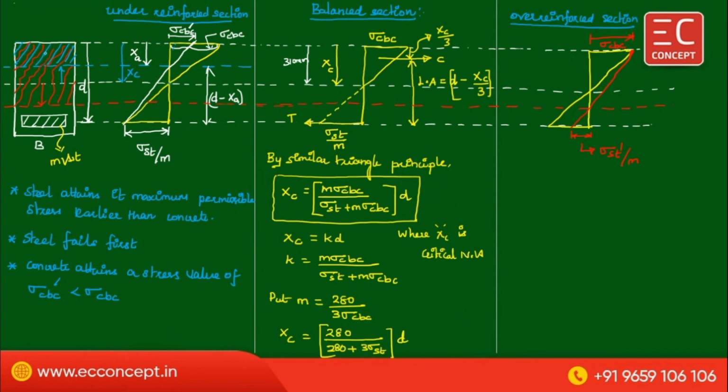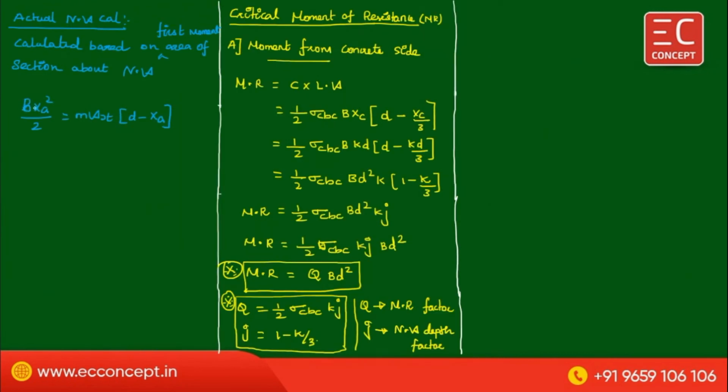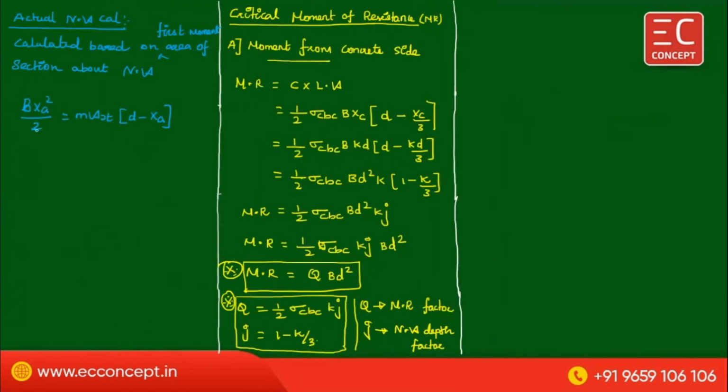This is the neutral axis. That's why I have written BXA into XA divided by 2. Similarly, take moment from below the neutral axis. This area is M into AST, and from this point to your neutral axis distance is D minus XA. Okay, so that's why I have written.